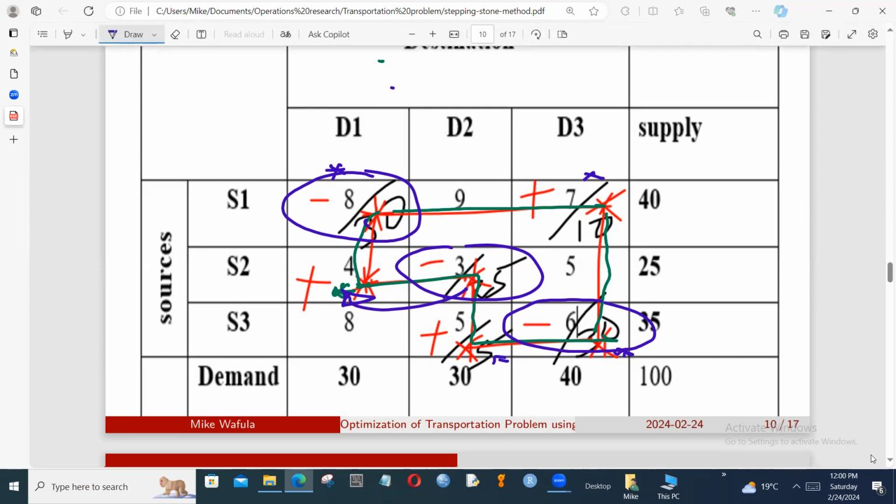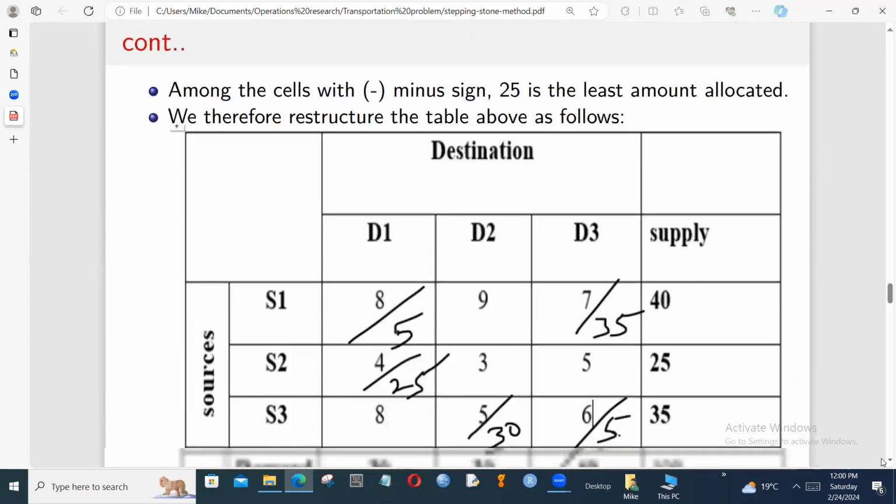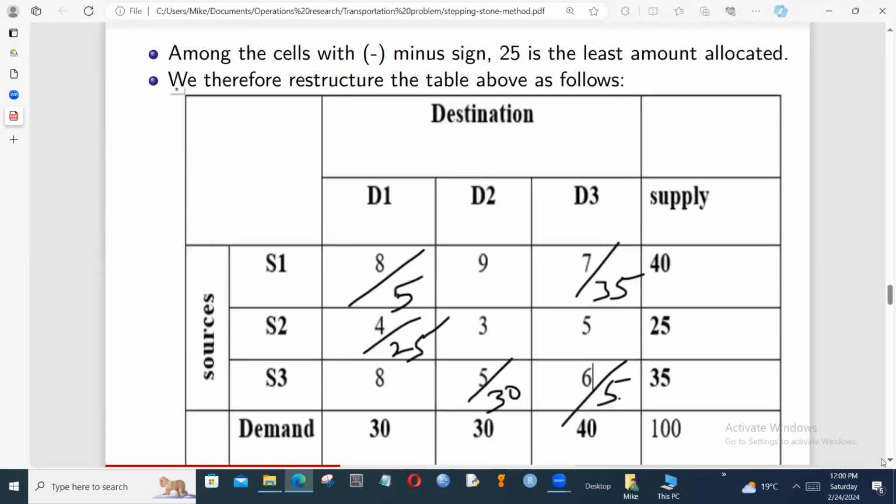And so when we do that, we are able now to get a transportation table with this kind of format. So this is now a new readjusted and restructured assignment, so that this cell that was initially unoccupied is now occupied.